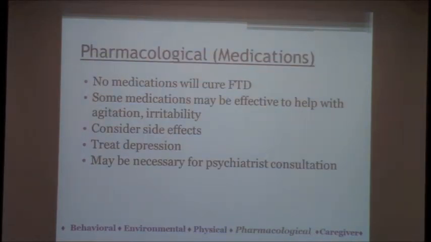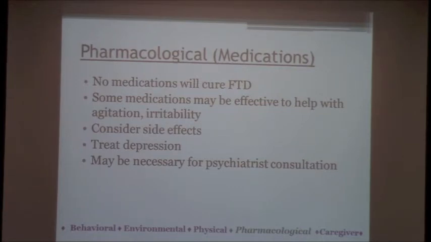There are some medications that we might think about. Specifically, there are no medications to cure frontotemporal dementia. However, some medications may be effective to help with either agitation or irritability. And we also want to consider and treat depression. Depression is a separate thing that can happen.